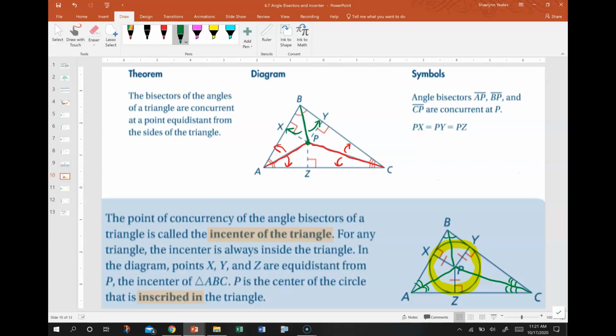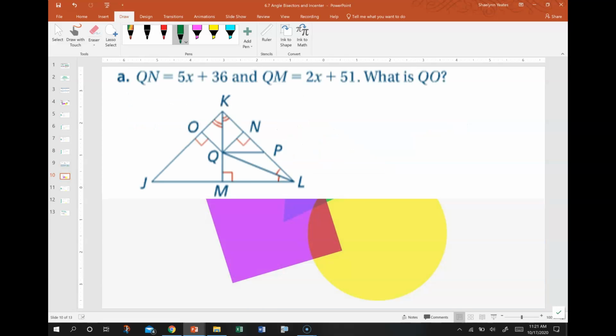Okay, so right here we're given a bunch of information. It says that QN, this line, is 5x plus 36. That's interesting information. It also says that QM is 2x plus 51.